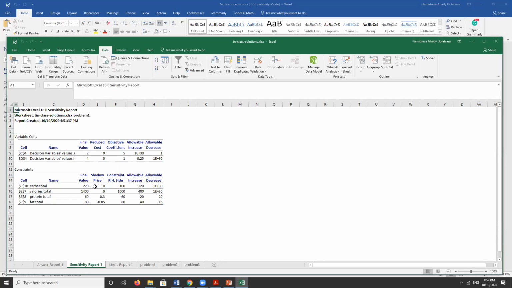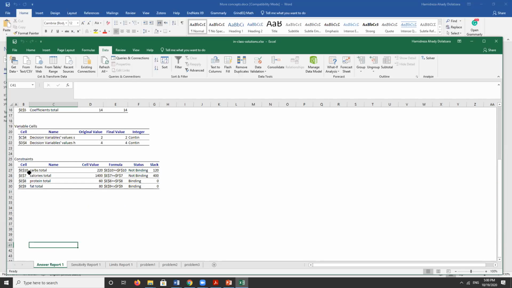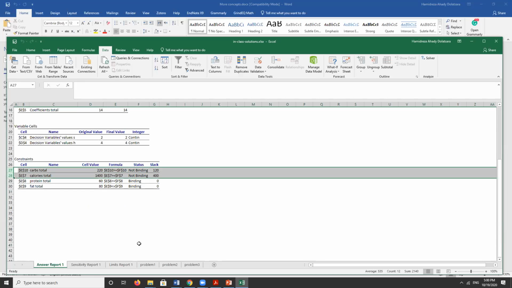So look at here, carbs and calories, they have 0 shadow price. Also, they are not binding. It's a little out of context for this class. What I'm explaining now is a little extra, so no worries, it's not needed for your work.